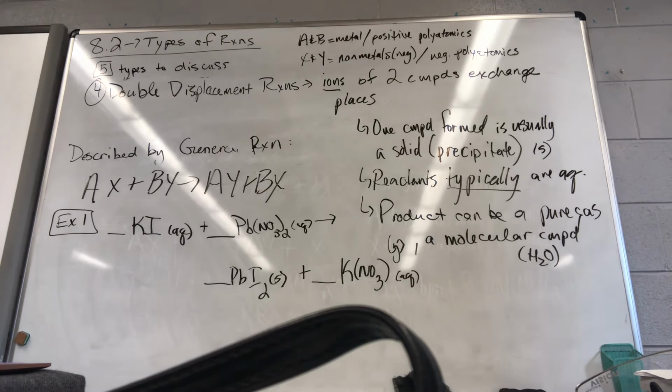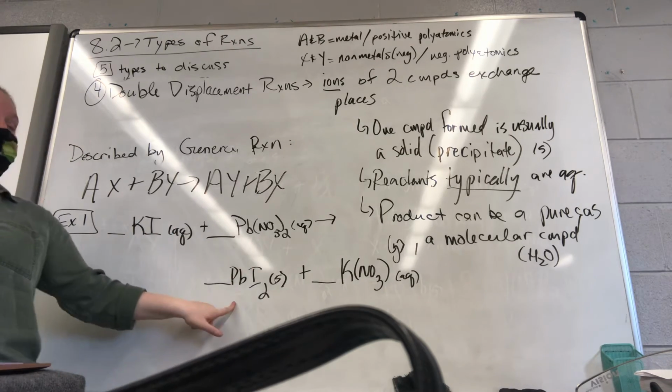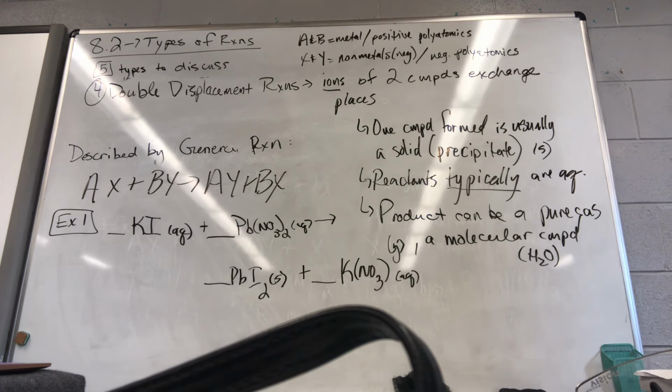When we get later in chemistry, like next year, we call these precipitation reactions, and what happens is we say a salt plus a salt makes a solid plus a salt, always. I talk about how we can just describe the thing that forms the solid, because that's really the only interesting part of this equation. More on that later.